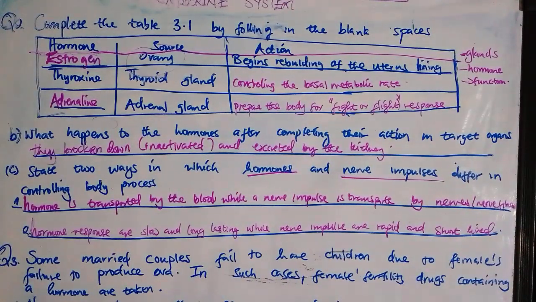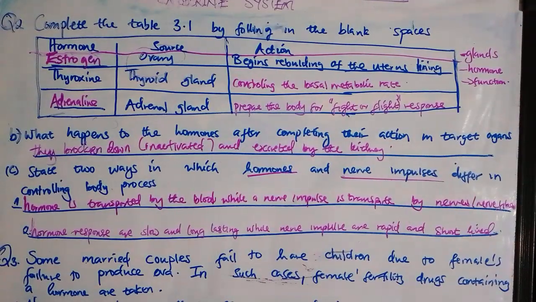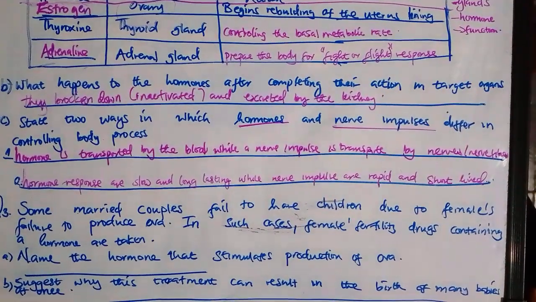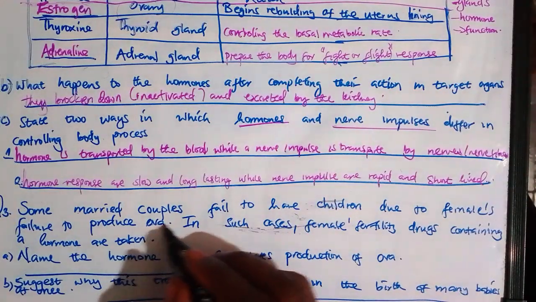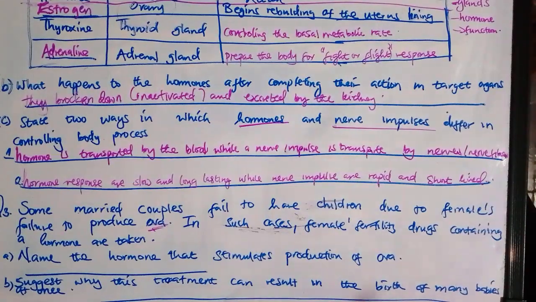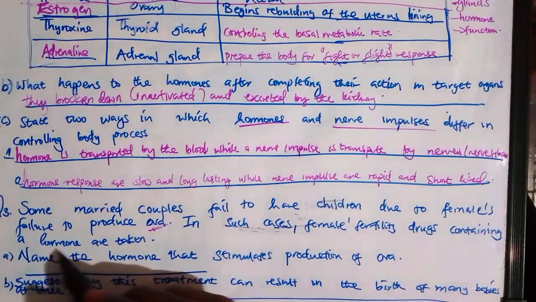So moving on to our question 3 and our final question, which you are supposed to expect on the endocrine system in section A, is this one. It says some married couples fail to have children due to females' failure to produce ova. In such cases, female fertility drugs containing a hormone are taken.